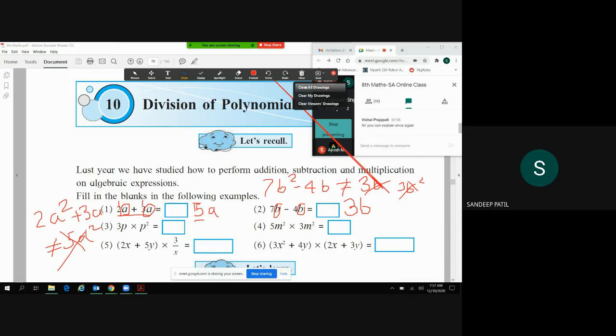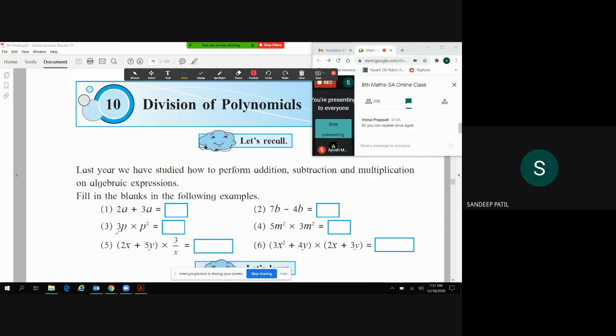Addition और subtraction के time पे जो variables है वो same होनी चाहिए. Similarly for multiplication, we can directly multiply those terms. There is no such common thing required, right? 3p into p square is 3p cube, or 5m square into 3m square becomes 15m raised to 4.